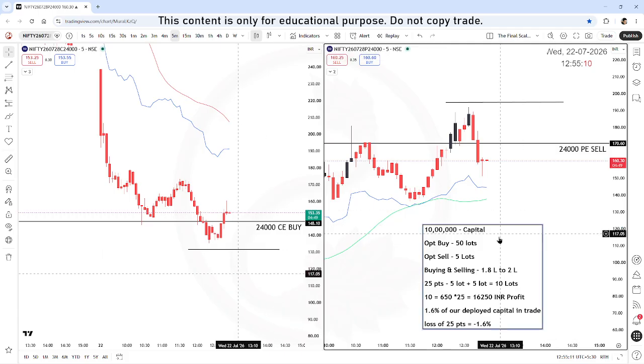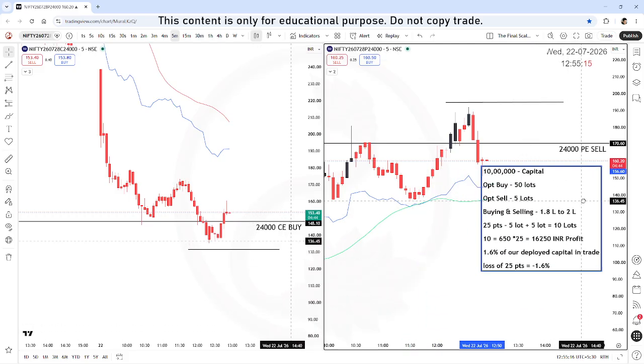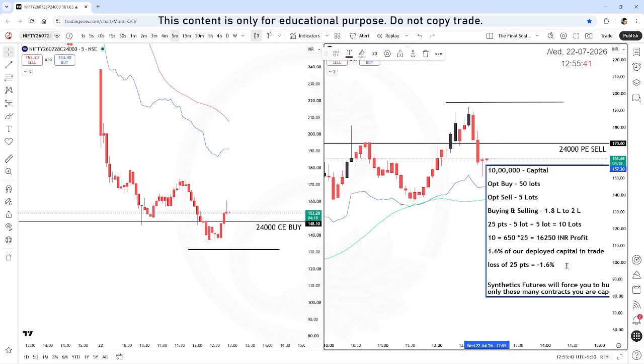So synthetic futures forces you to buy or sell only those many contracts. Or in fact, an even better definition is: synthetic futures will force you to buy only those many contracts you are capable of selling.